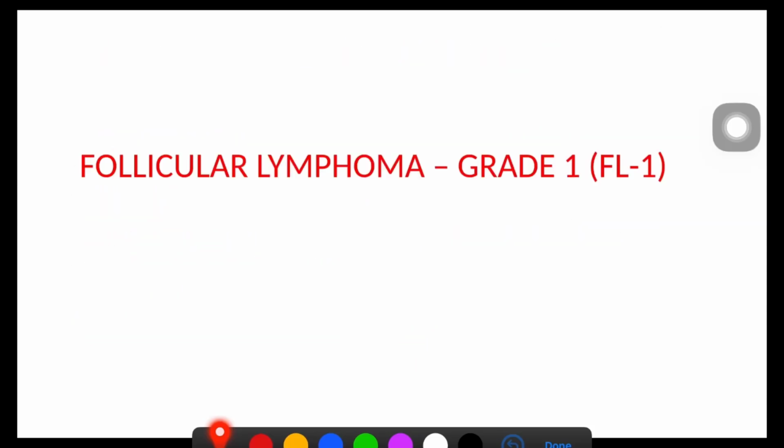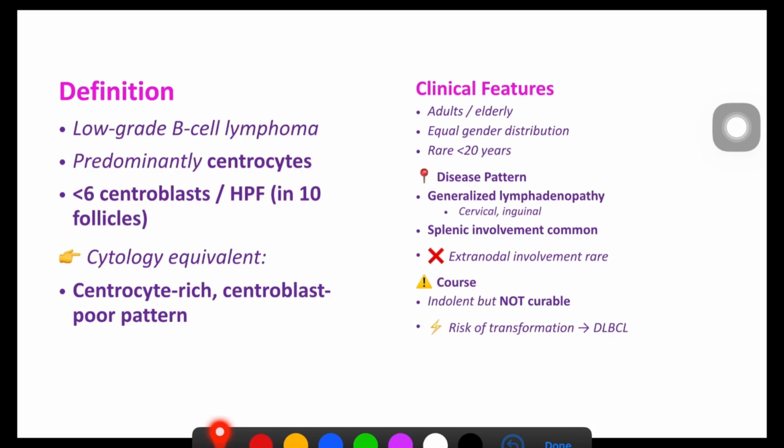So, follicular lymphoma grade 1 is a low grade B cell lymphoma comprising of centrocytes, and by definition if there are less than 6 centroblasts per high power field in 10 follicles, then it is defined as follicular grade 1 lymphoma. And cytologically, it is a centrocyte rich and centroblast poor pattern.